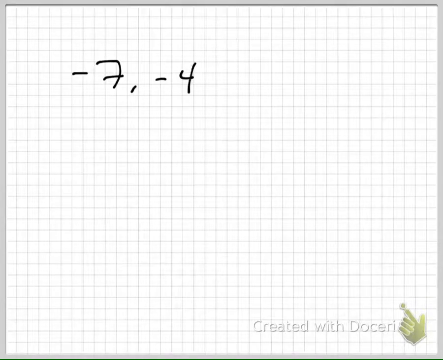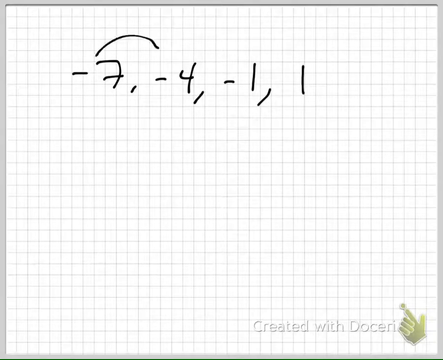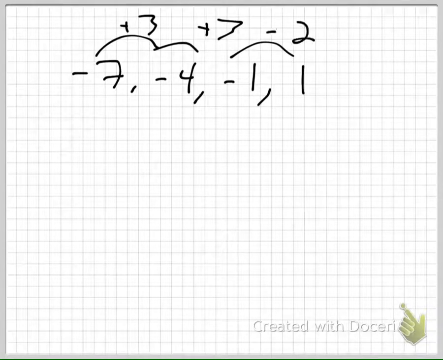If, like before, you have -7, -4, -1, and then 1, what is the difference here? Plus 3, plus 3, plus 2. Not an arithmetic sequence because it is not consistent. They don't have a common difference.